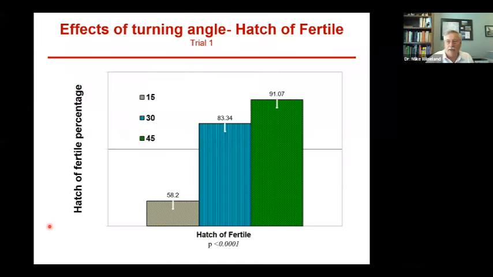And as you would expect, what she found was that she had about 91% hatch of fertile, where they were turned 45 degrees. When they were turned only 15 degrees, you can see it was 58% hatch of fertile. And if they were turned 30, it was in between the two, and it was up to 83% hatch of fertile.